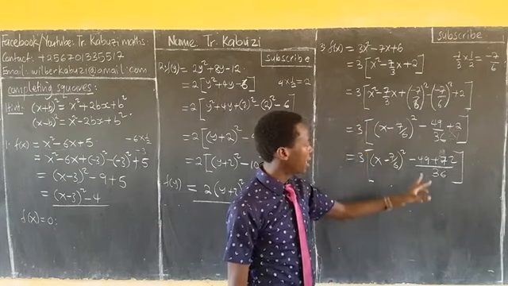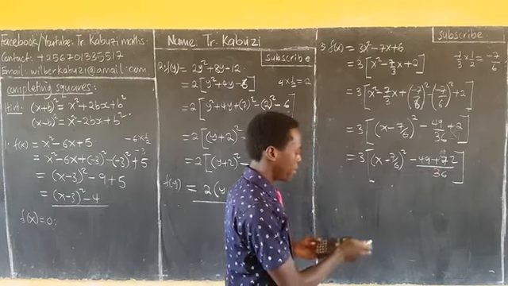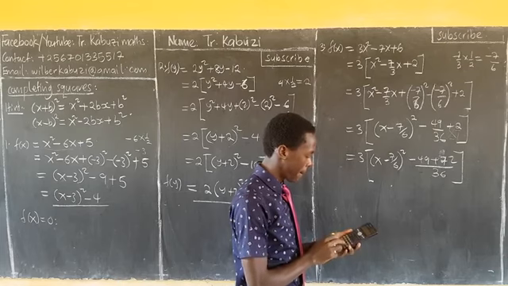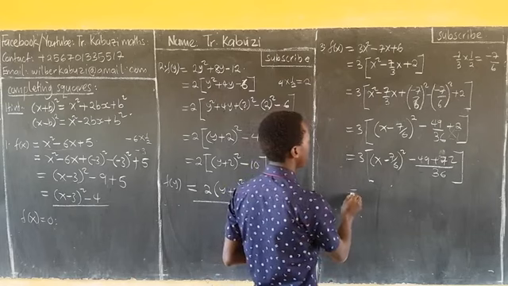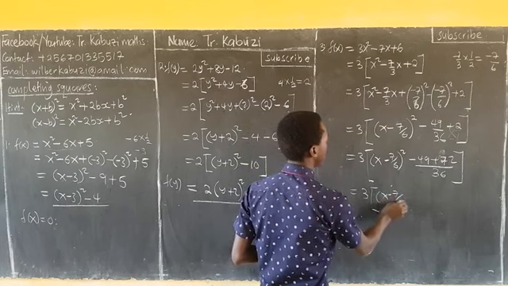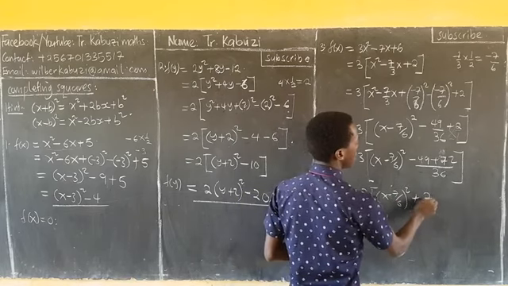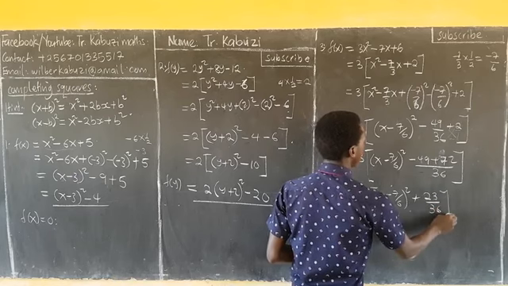Now, negative 49 plus 72, you pull out your calculator, and the answer is 23. So meaning this would be 3 into x minus 7 over 6 squared, then plus 23 over 36.